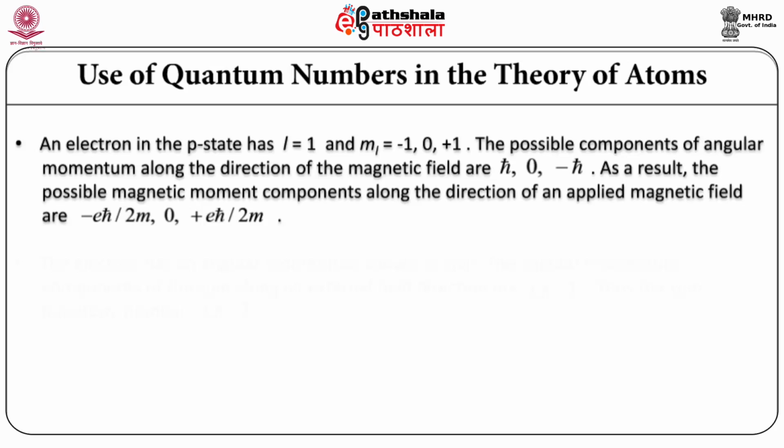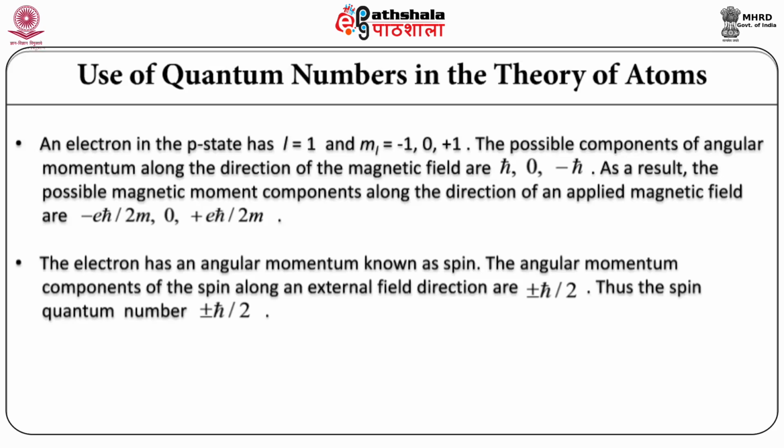The possible components of angular momentum along the direction of the magnetic field are h cross, 0 and -h cross. As a result, the possible magnetic moment components along the direction of an applied magnetic field are minus e h cross divided by 2m, 0 and plus e h cross divided by 2m.